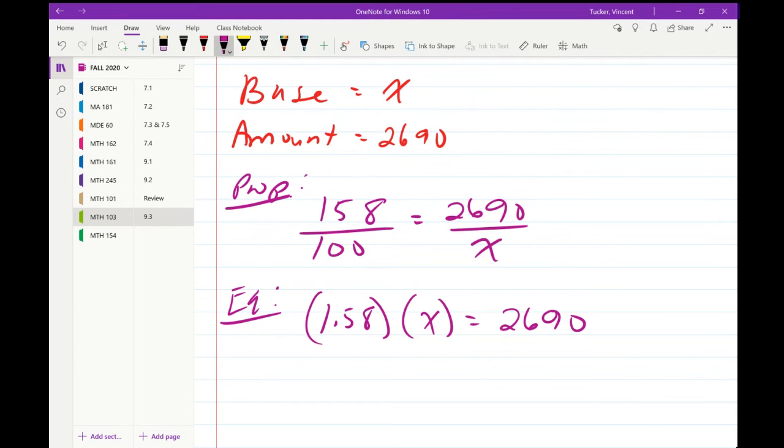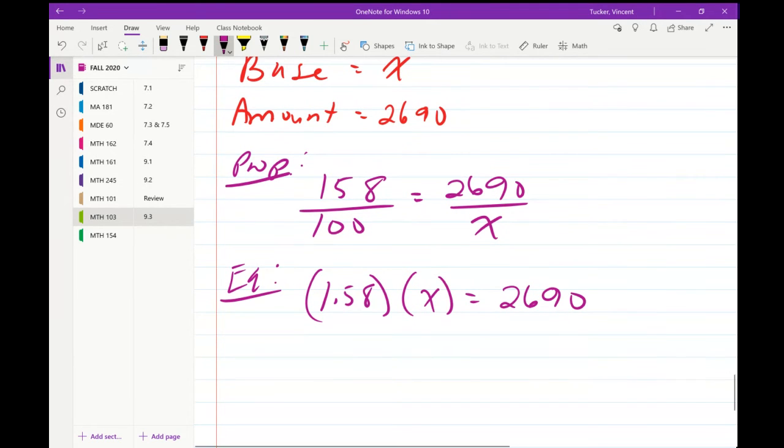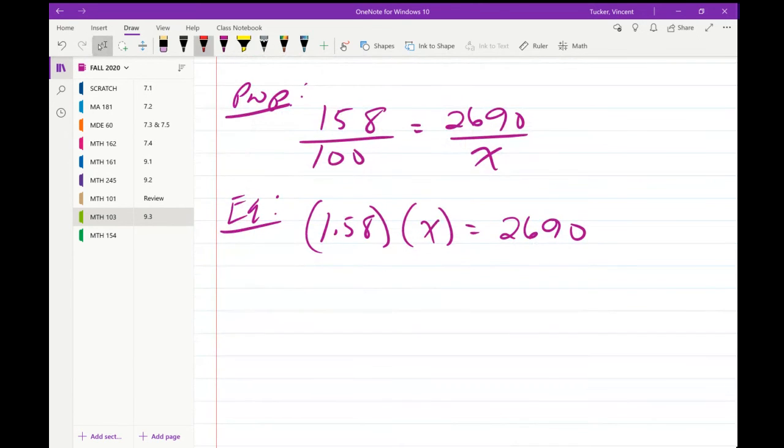All right. So either way, whichever one you decide to use, you'll still get the same answer. I'll do both of them just to show you. Next example, we'll only do one.